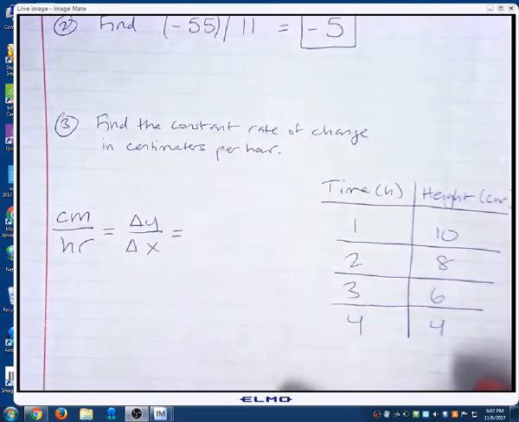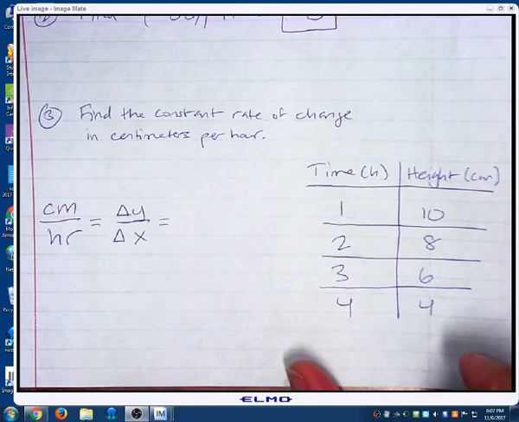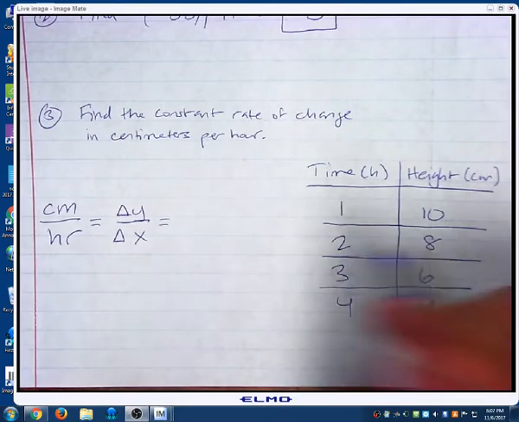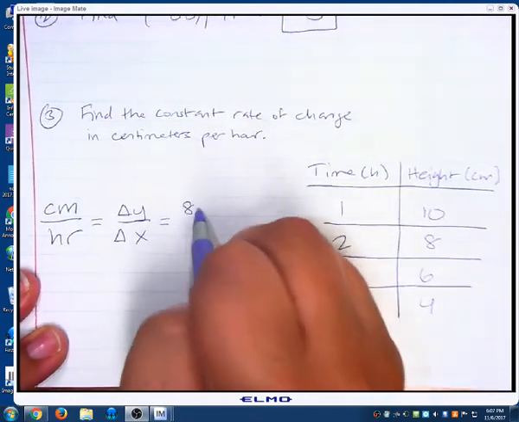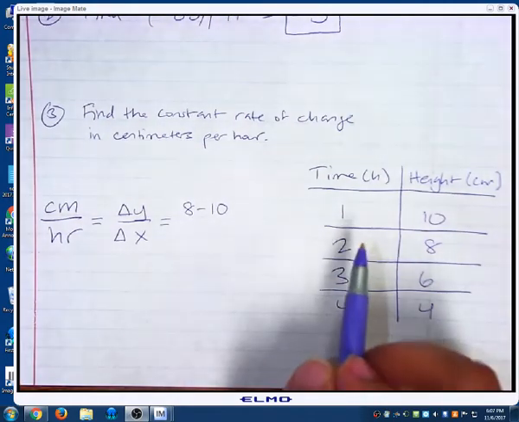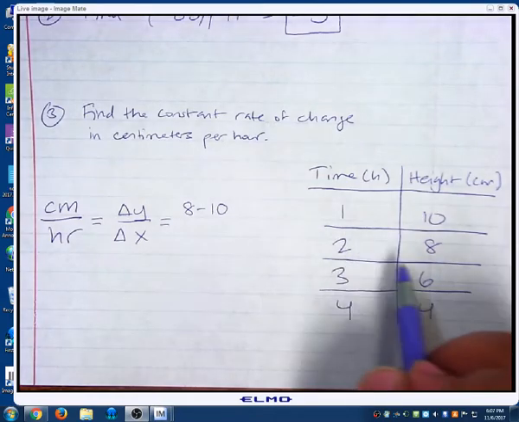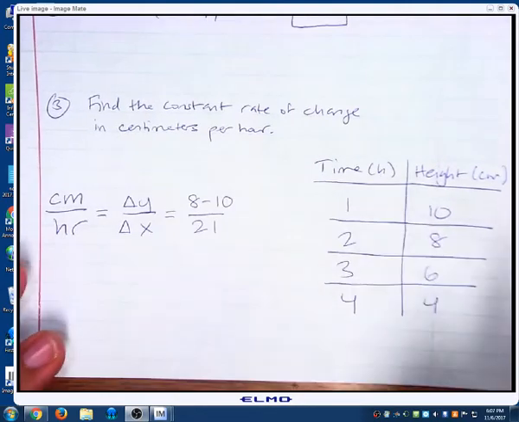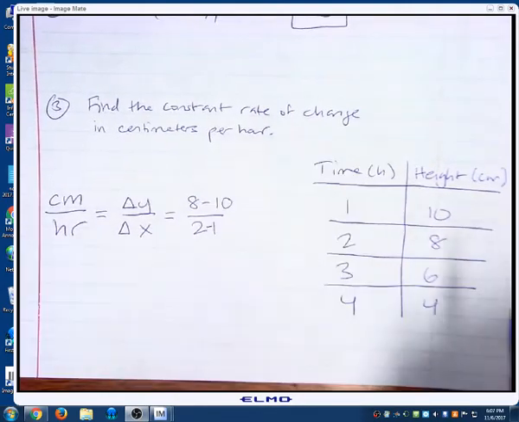So my change in y is actually 8 minus 10. And my change in x, sorry, that's my change in y. My change in x is 2 minus 1. Oops. Should be 2 minus 1.